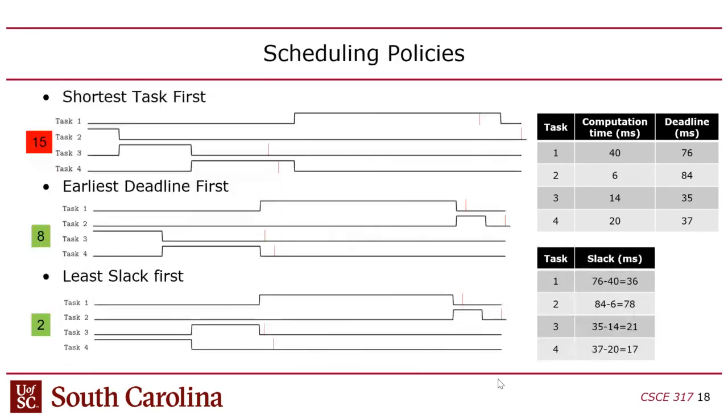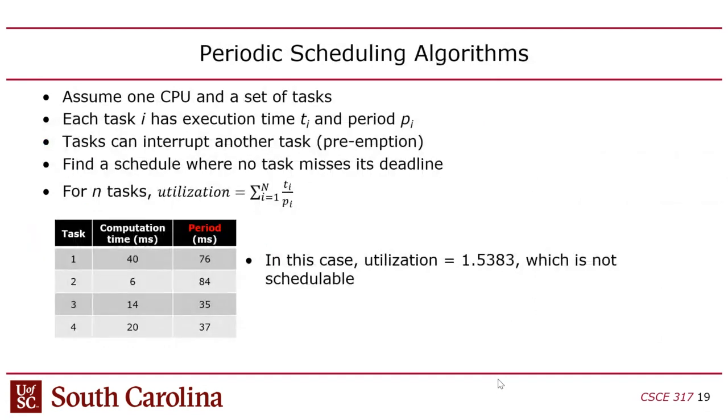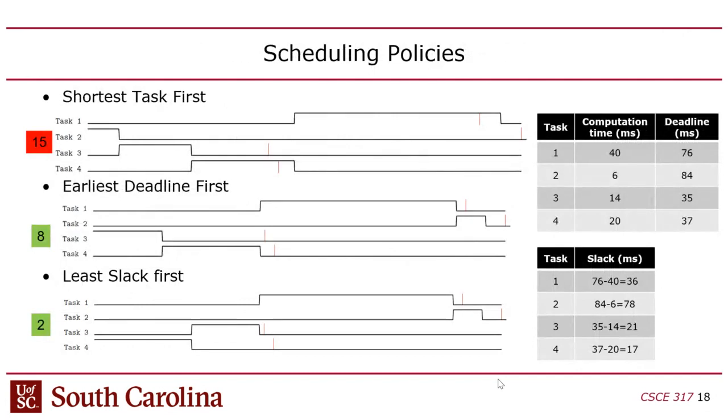Those 2 happen to correspond to the earliest deadline first and least slack first. I don't know what you want to call those, algorithms, rules of thumb. So the slack, by the way, is the difference between the execution time and its deadline.